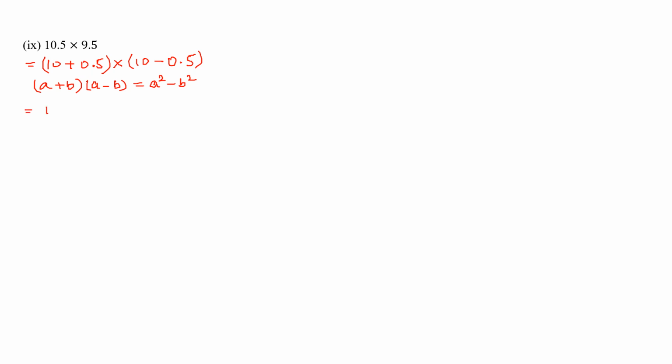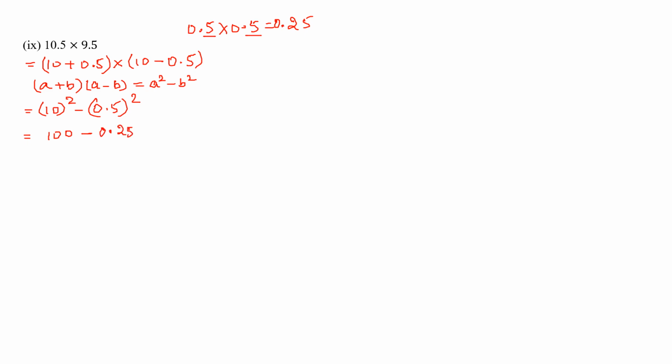So it can be written as 10 square minus 0.5 whole square. So 10 square is 100 minus 0.5 square. So 0.5 into 0.5. If I ignore the decimal, 5 into 5 is 25. Here after decimal point 1 digit, here also 1. So 1 plus 1, 2 decimal places it should have. So it will be 0.25.